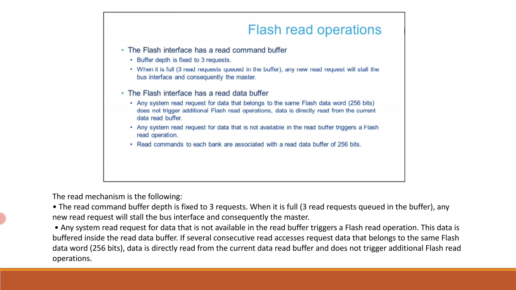Any system read request for data that is not available in the read buffer triggers a flash read operation. This data is buffered inside the read data buffer. If several consecutive read access requests are for data that belongs to the same flash data word of 256 bits, the data is directly read from the current data read buffer and does not trigger additional flash read operations.